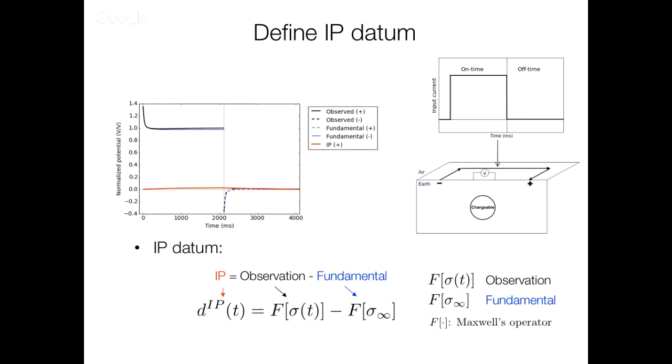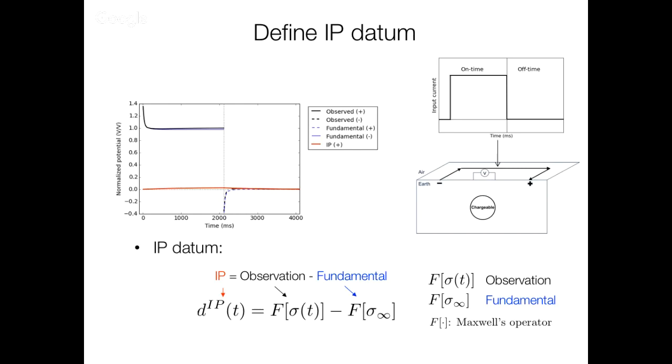So we're going to define an IP datum. This will allow us to make a formulation which gets rid of inductive responses. We're going to define the IP data as the observation, so this is Maxwell's equations operating on the full conductivity, minus what we call the fundamental, which is the solution of Maxwell's equations using a conductivity that does not have any IP effects in it.